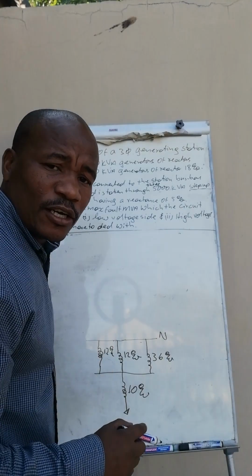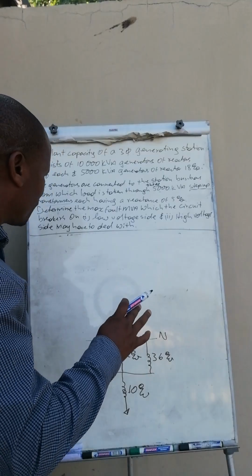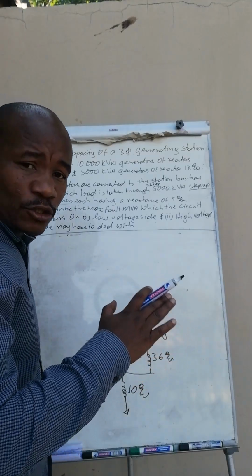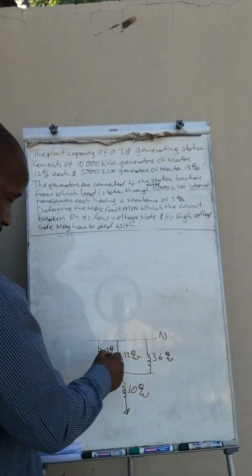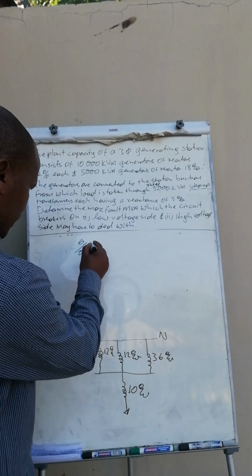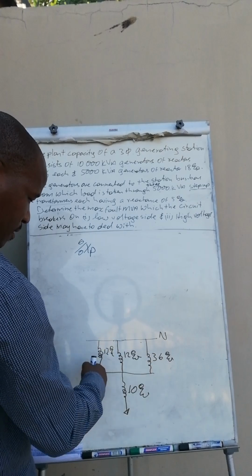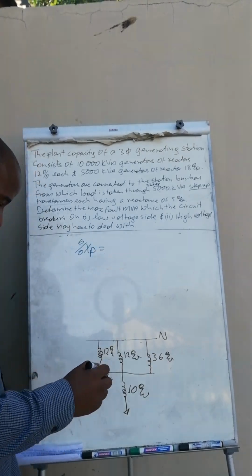Now we are trying to calculate the total reactance of the system. Let's do everything together and then we analyze what the question wants. First let us start with the percentage reactance of the parallel combination here. Very, very important.